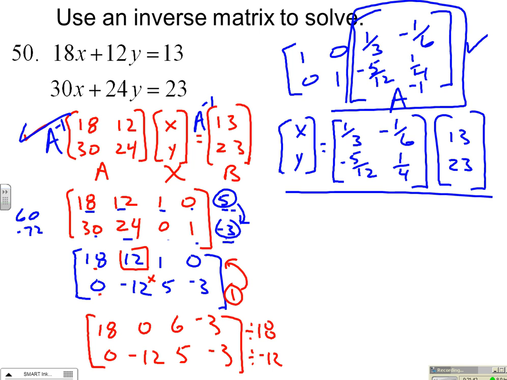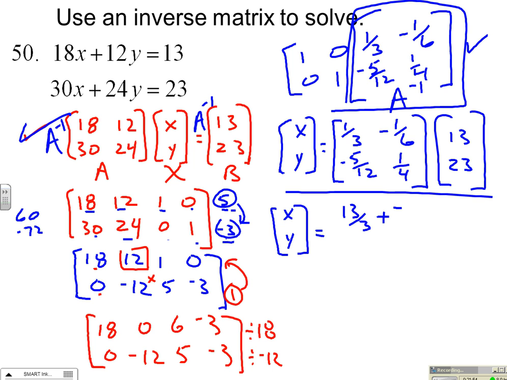Well, that becomes, and it's a little ugly for a moment, xy equals, do your matrix multiplication. That's 1/3 times 13. 13 thirds plus negative 1/6 times 23, negative 23/6. Row 2, negative 5/12 times 13, negative 65/12, plus 1/4 times 23, 23/4.